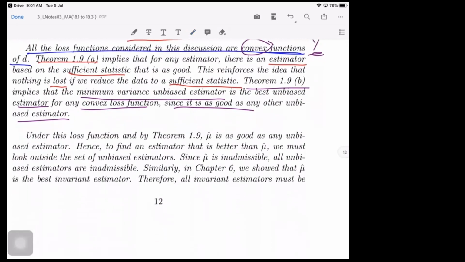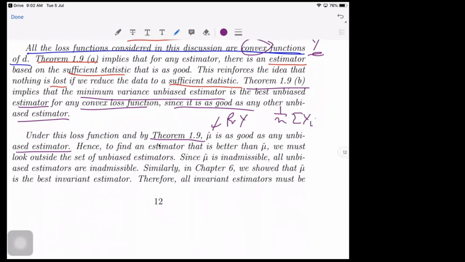So under this loss function and by this theorem 1.9, our mu hat, which is the projection of y onto v, which by formula is 1 over n the summation of yi, is as good as any other unbiased estimator. Hence, to find an estimator that is better than mu hat, is it most likely unbiased or not unbiased?